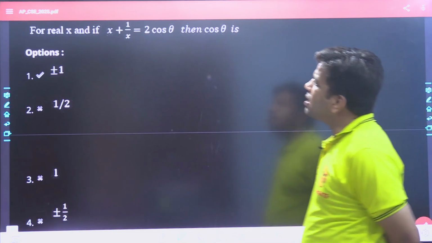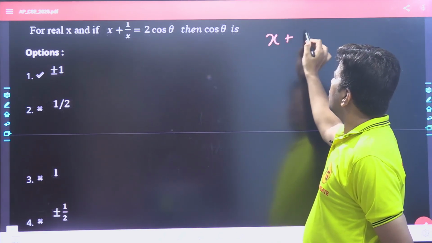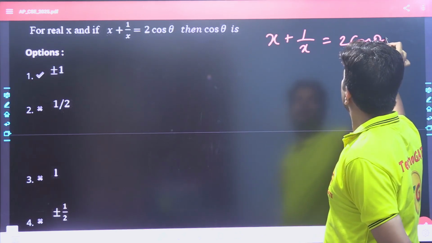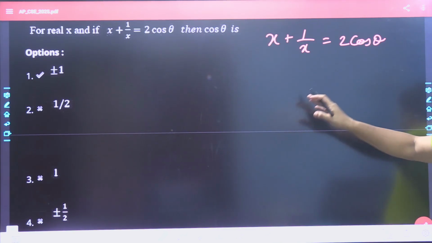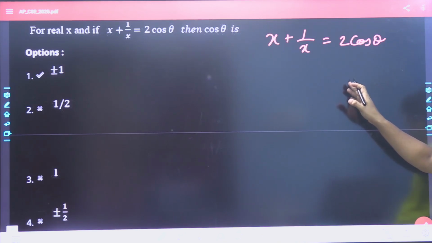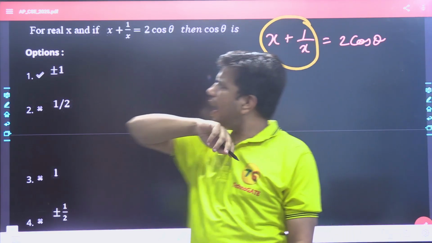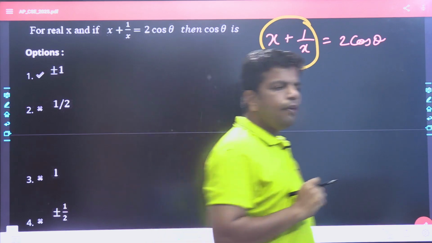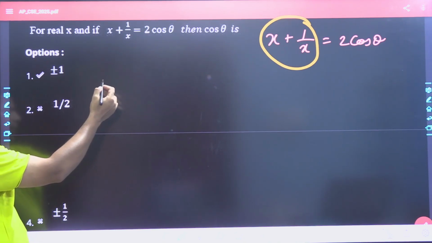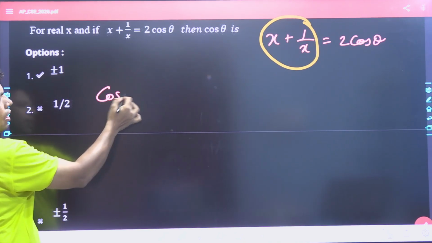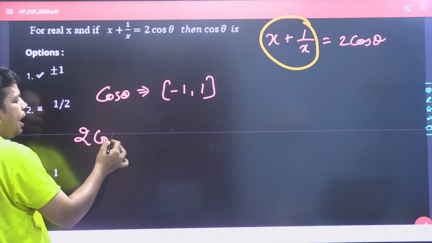For real x, if x plus 1 by x, the value of cos theta. By simply applying the identity, we can find the value of cos theta.